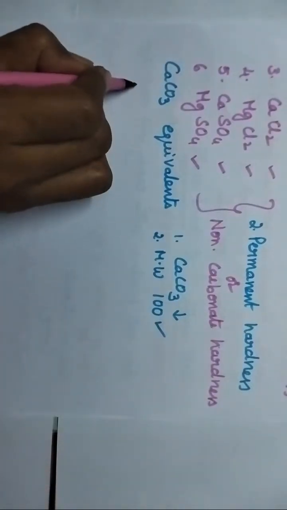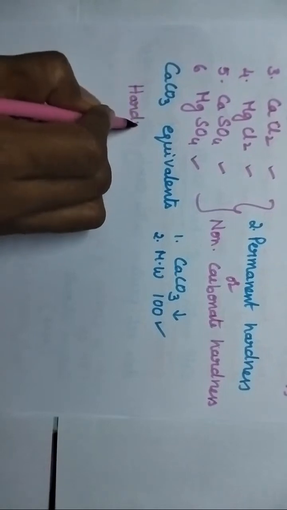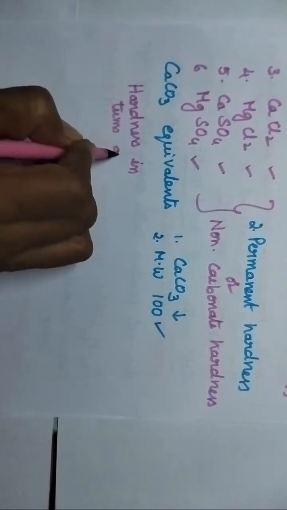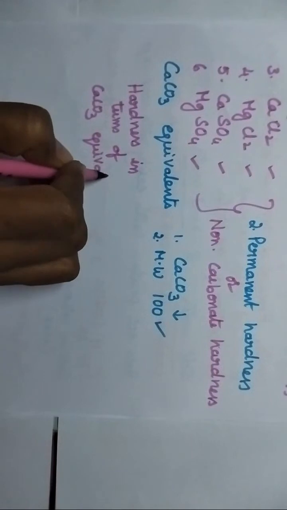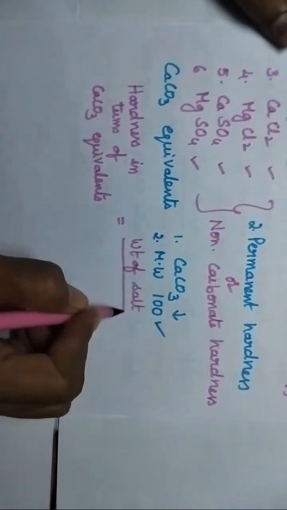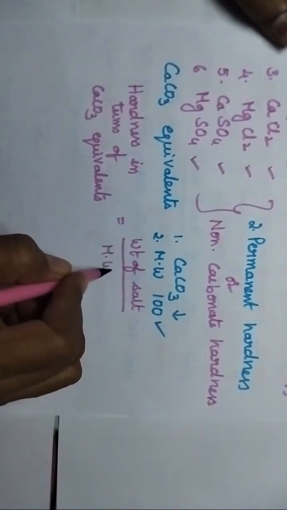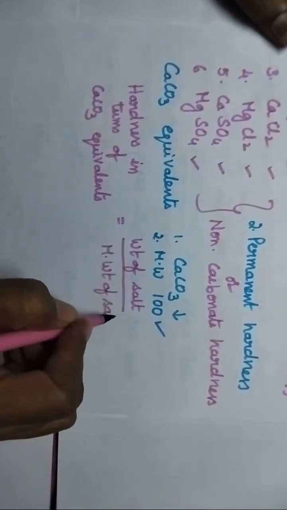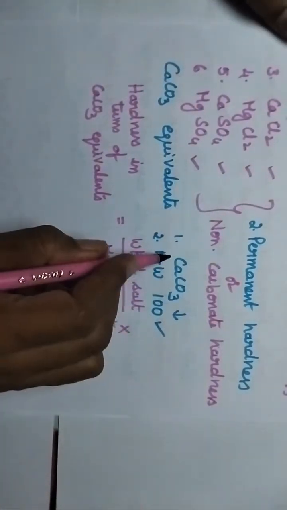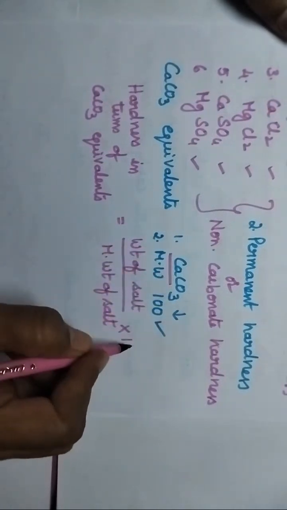So, what is the formula that is used to express hardness in terms of calcium carbonate equivalents? That is equal to weight of salt divided by molecular weight of the salt, multiplied by molecular weight of calcium carbonate, here that is 100.